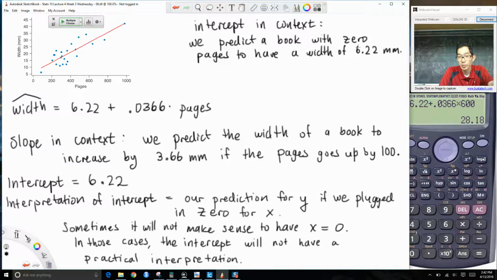Okay, so maybe this could be the width of the covers. All right. Something like that. Okay, is that okay? All right.